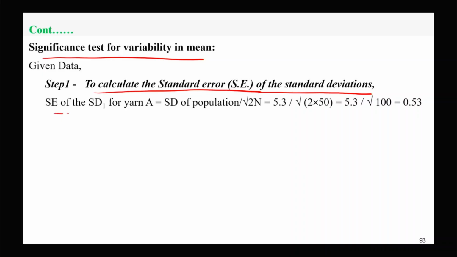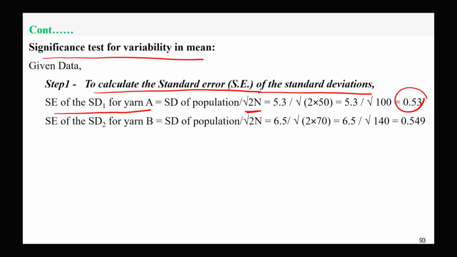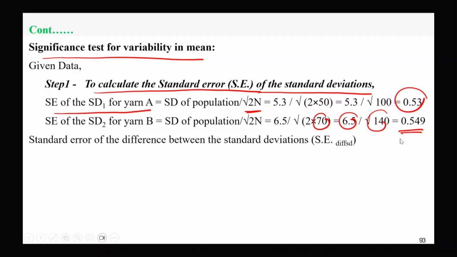For yarn 1, it will be 5.3 by under root 2n, and for yarn 2, as there are 70 samples, 6.5 divided by under root 140, so 0.549.